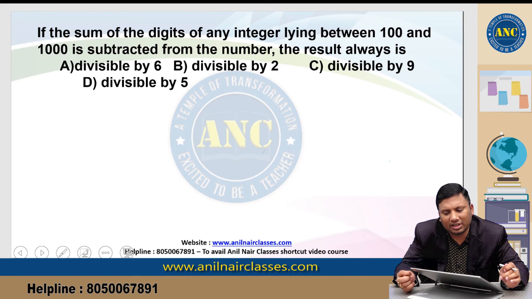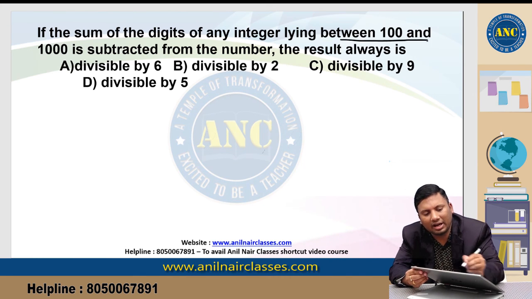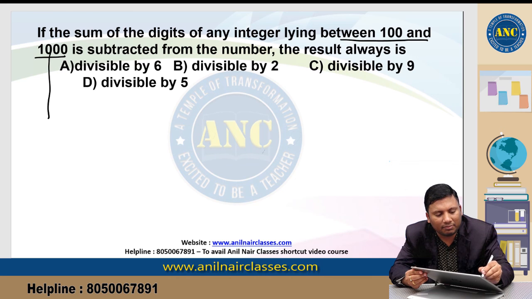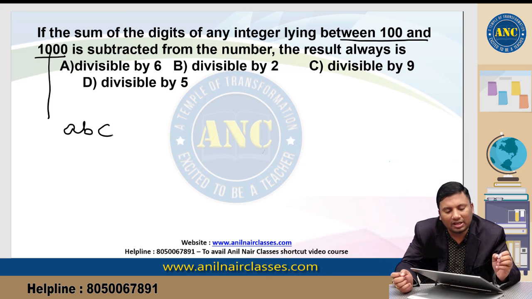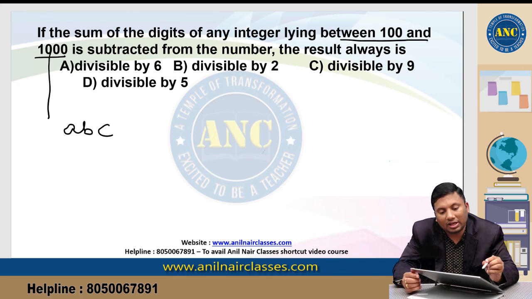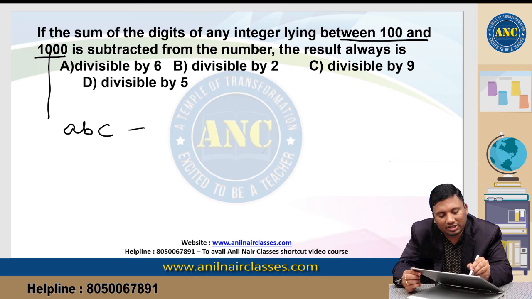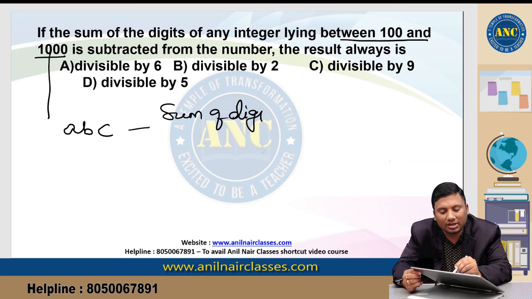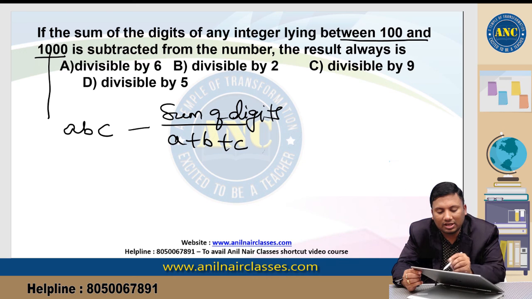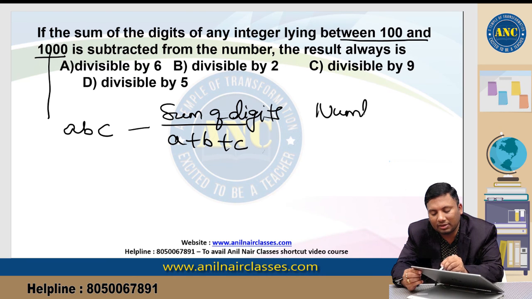If the sum of the digits of any integer lying between 100 and 1000, which is nothing but a 3-digit number, a plus b plus c, is subtracted from the number.